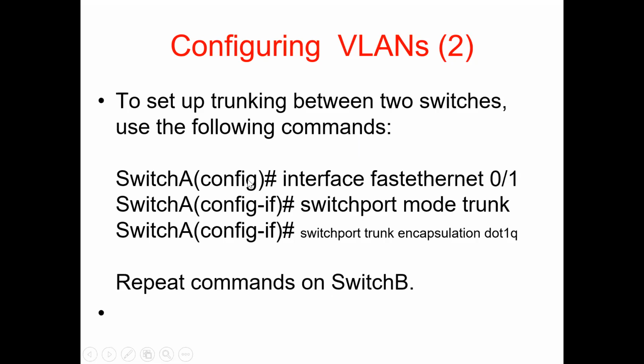You go to config as usual on your switch, and then we go to the specific port that you want. Suppose we want to create port number 0/1 as a trunk port. It changes to config interface, and then we issue this command: switchport mode trunk, and then we need to carry.